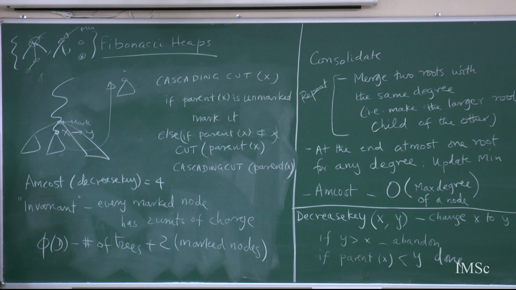Okay, so now all I have to argue, because of this careful choice of cuts, is that I never allow more than 2 cuts to any node. Right? I allow 1 cut and maybe 1 more cut, and then I will cut myself and go somewhere else.